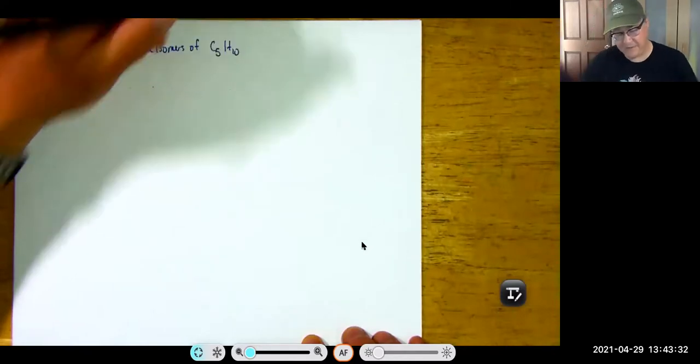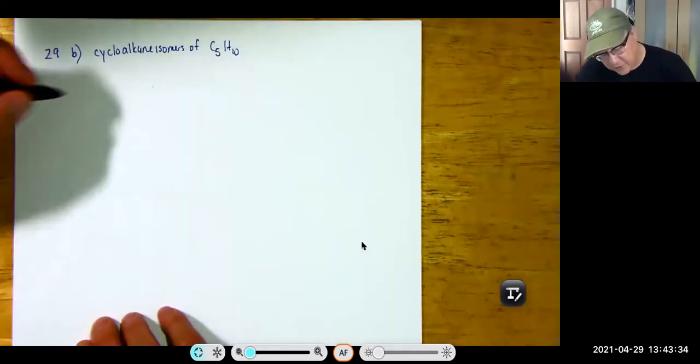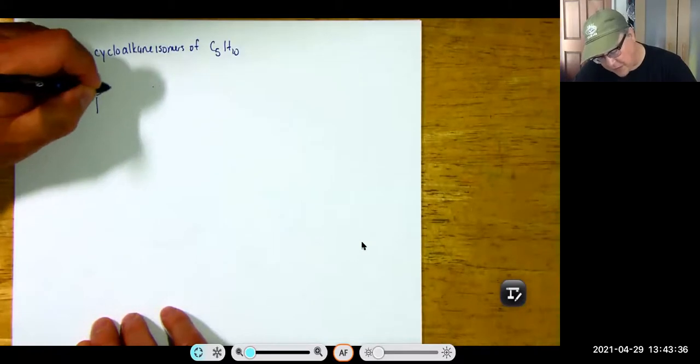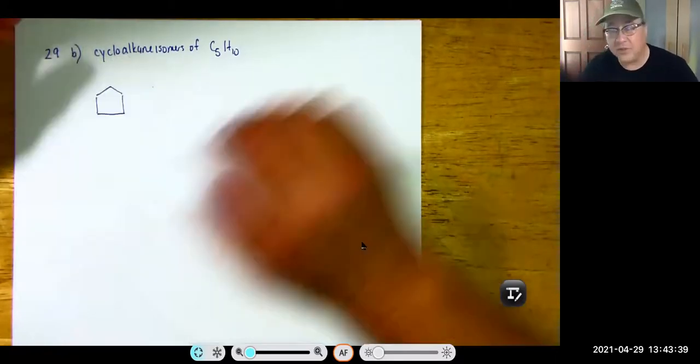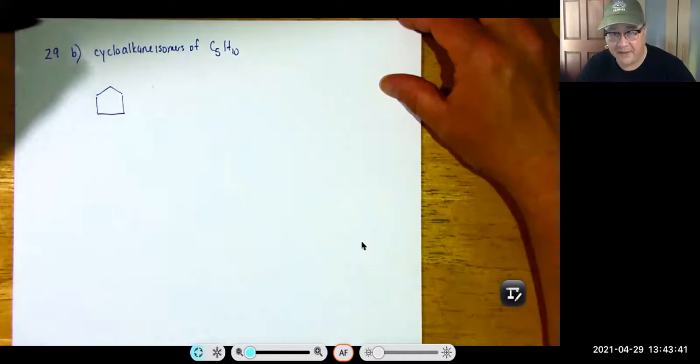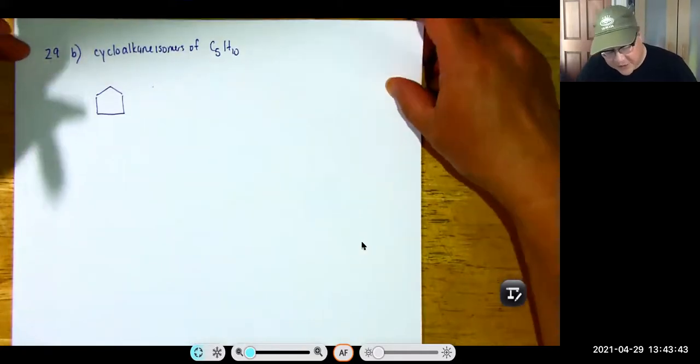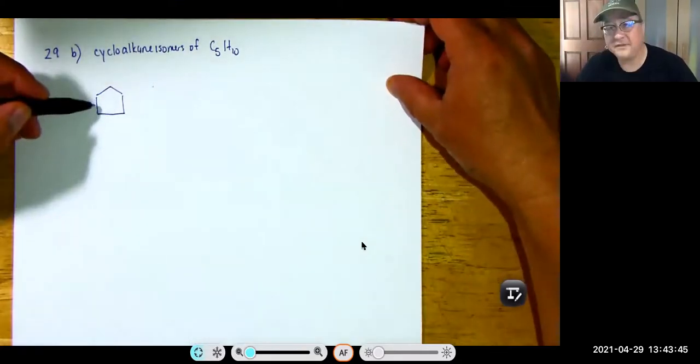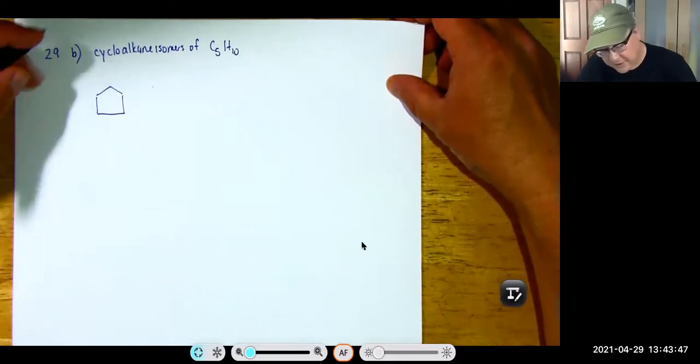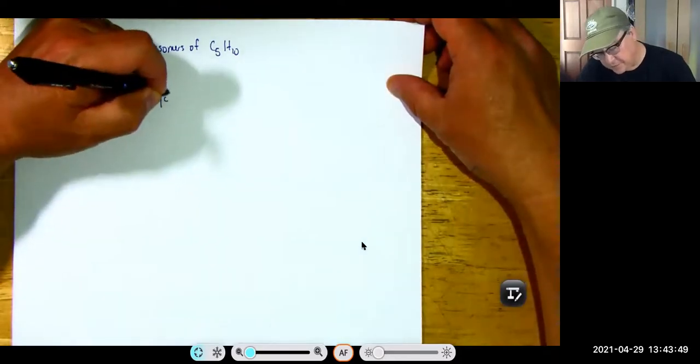So when you're doing these, you always want to start with the biggest one possible, meaning the most number of carbons in the ring. So even though this isn't a circle, we call that a ring. This is called cyclopentane.